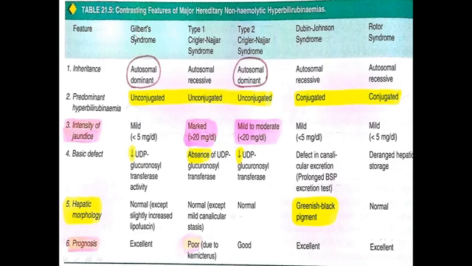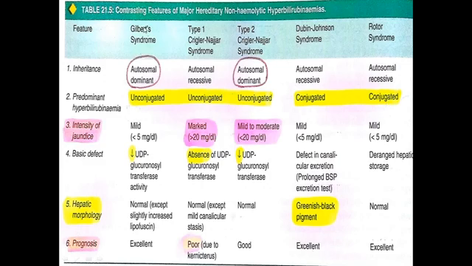So you have to remember like this: GC and DR. DR for doctor, and GC or you can say CG. DR is conjugated non-hemolytic hyperbilirubinemia. But GC or CG, Gilbert and Crigler-Najjar syndrome, is unconjugated. First, you have to differentiate like this.